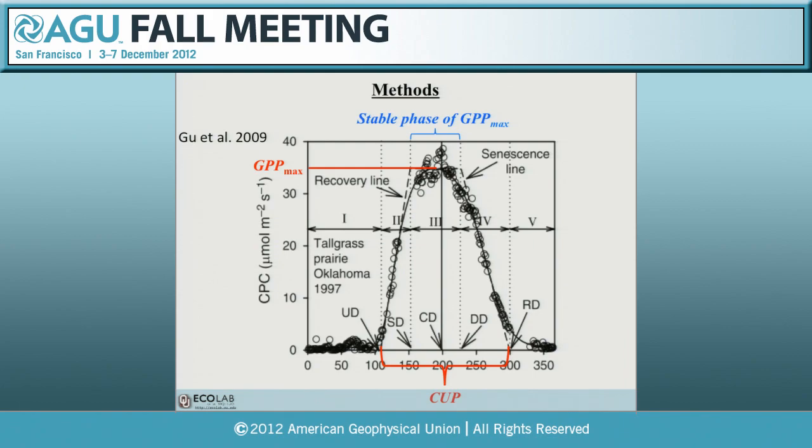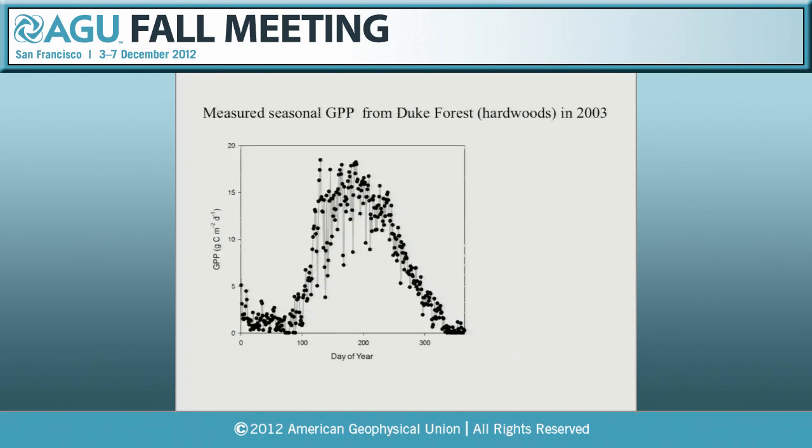Could you elaborate on how this relationship could be useful? For example, if you know the phenology and the maximum GPP, you can get the GPP.